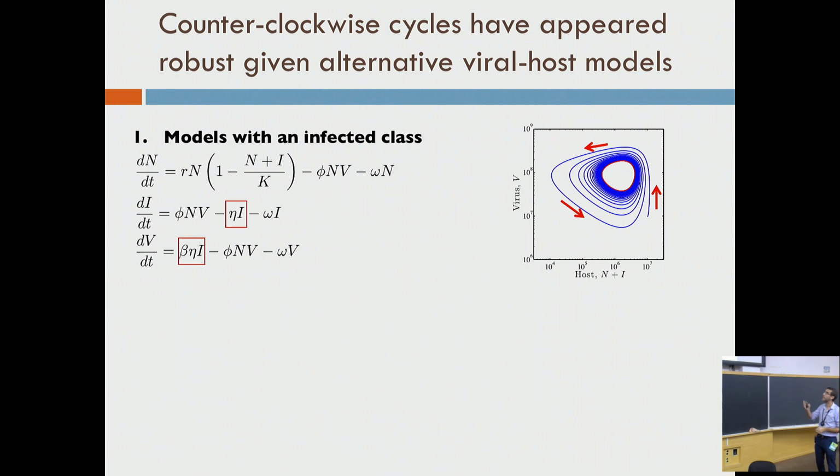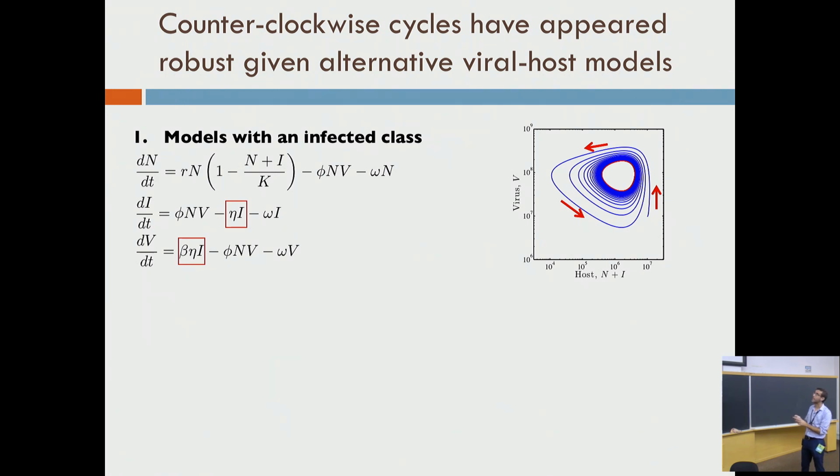Okay? But I had shown you before that there's a gap here in time between when viruses get in and when they get out. So the original model has these viruses acting like predators as if they're eating the prey and instantly turning that into new biomass. So this is a variant of these same models with an explicitly infected class. And here I've gotten rid of the resource layer, in which there are susceptible cells, infected cells, and viruses, virus particles. The susceptible cells can reproduce. Here's a logistic-like growth model. They get infected, and all three are being washed out of the system at a rate omega. These infected cells then increase the density of infected cells in the population.